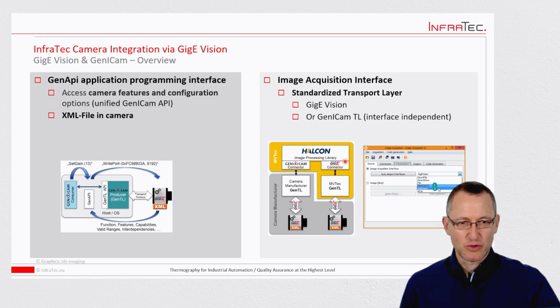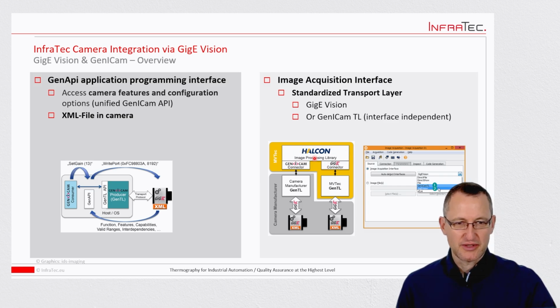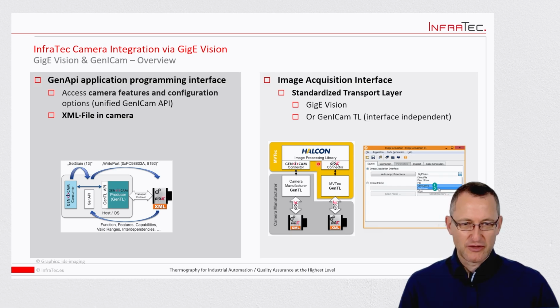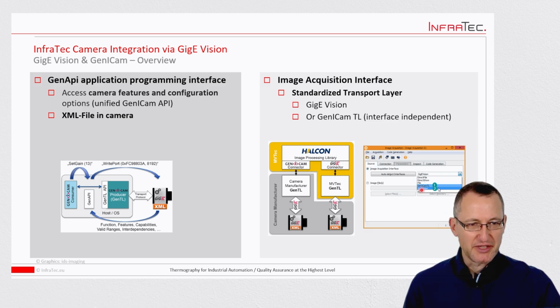As we can see here, one example is Halcon. Halcon is a very well-known image processing library, and they offer two possibilities. It can be the GenICam connector, or it can be the GigiVision connector. And as we can see here, there are two ways to select the image acquisition interface.